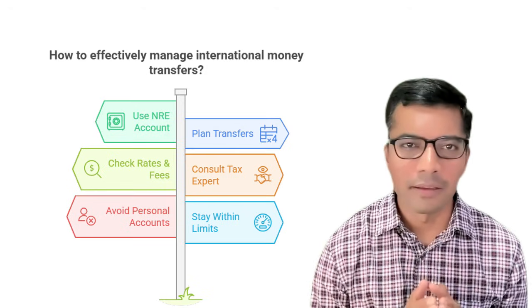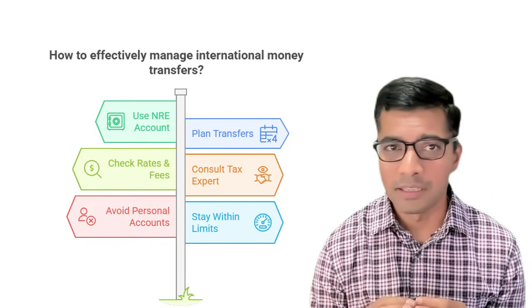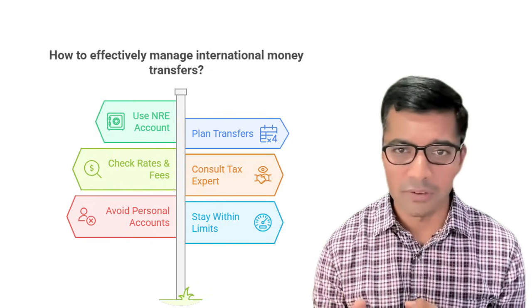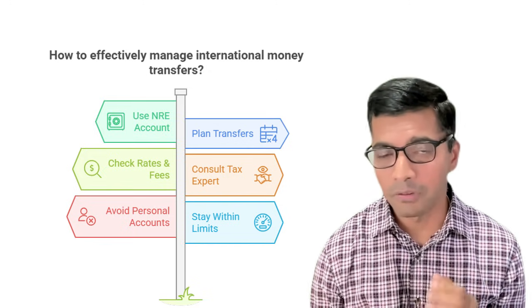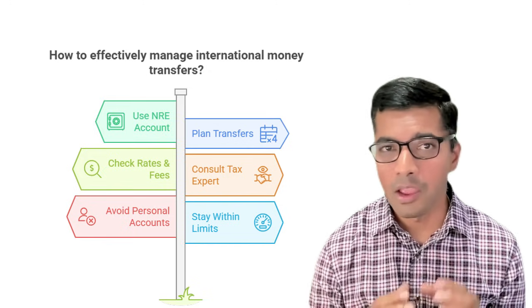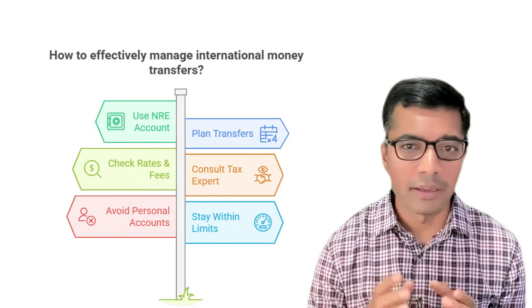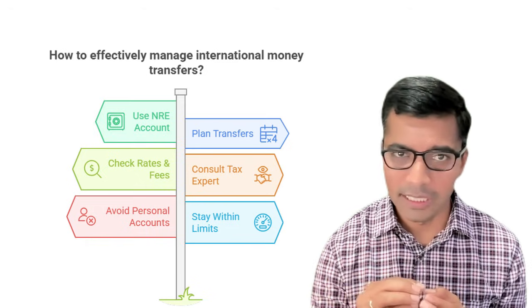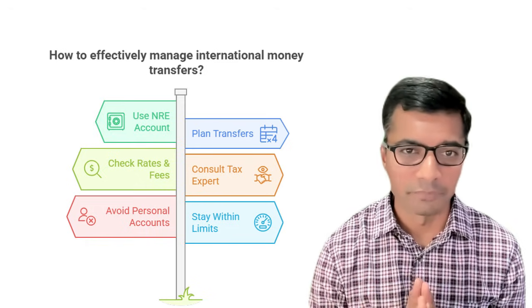Always talk to the bank, the regional manager and relationship manager, and see if you can get the best exchange rate for the amount that you're trying to transfer. Consult a tax expert. This is very crucial if you're transferring money from a non-NRE or FCNR account, where you need to provide the tax validation certificate and also the DTAA certificates that are required for transferring large amounts of money.